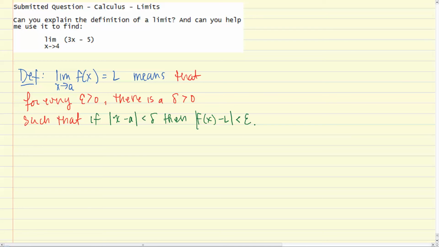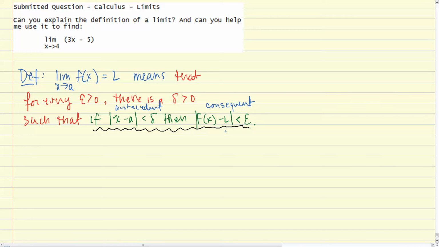And really, when it comes to these problems, proving the limit exists at a point really comes down to this conditional right here. What I do is break this down a little bit and call this part the antecedent and this part the consequent.